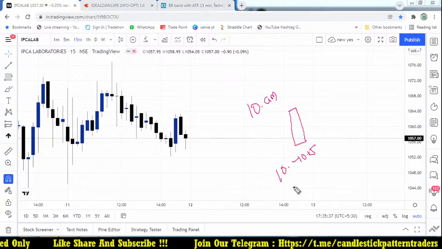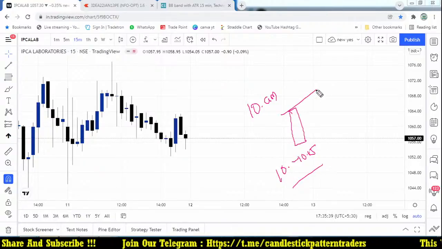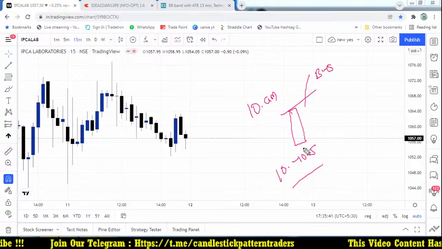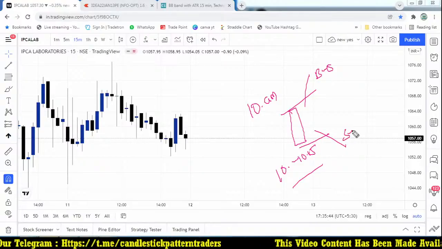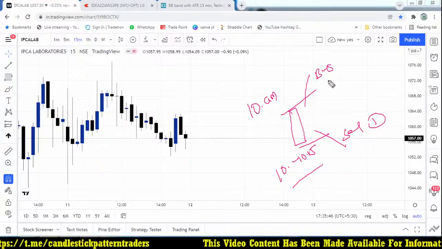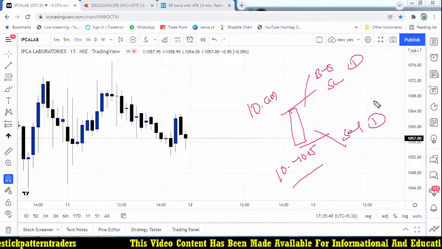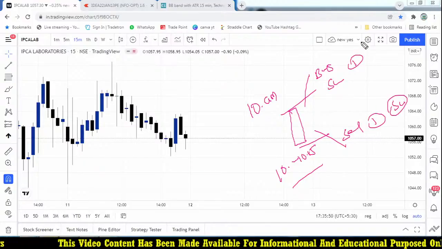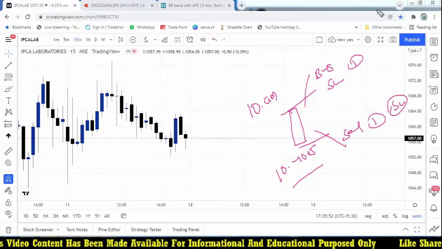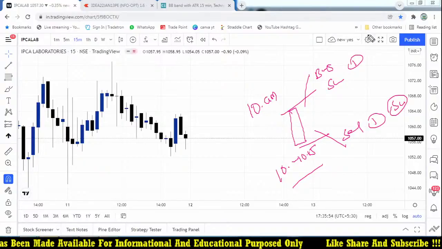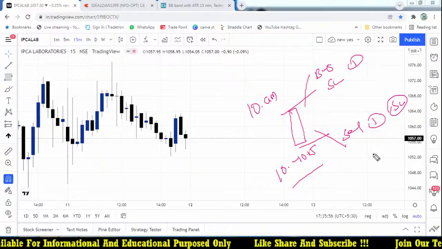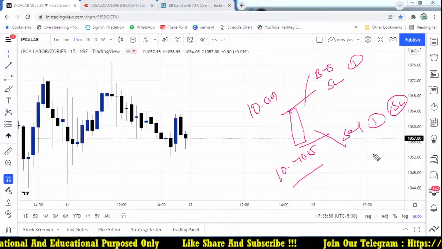Once the 10 to 10:15 candle has closed, buy or sell. If you get a sell first, the high should be the stop loss. If you get a buy first, the low should be the stop loss. The entry as well as the stop loss and target for the trade are the high and low of the candle.